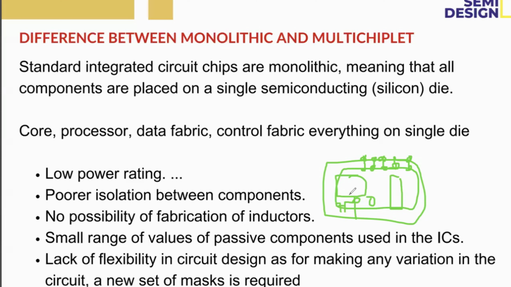That is one of the disadvantages of the monolithic. We'll need extra guards on the ICs, and there will be more power heating effects and variations in the voltage and the current. So these are common disadvantages in the monolithic. Everyone understood?